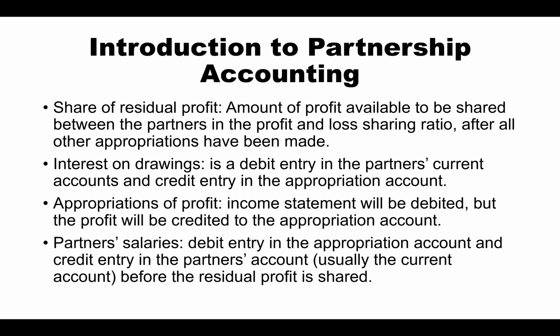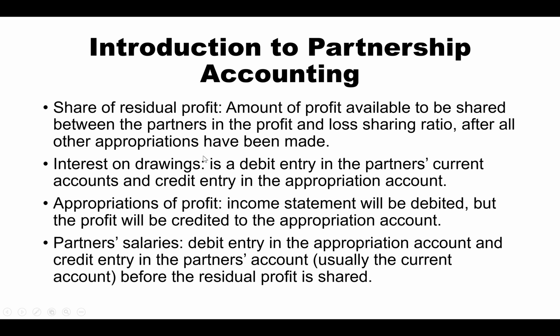Let's look at the introduction to partnership accounting. We are going to look at the things we are supposed to do in partnership accounting. We have the share of residual profits, which is the amount of profit available to be shared between the partners in the profit and loss sharing ratio after all other appropriations have been made. Then we also have the interest on drawings.